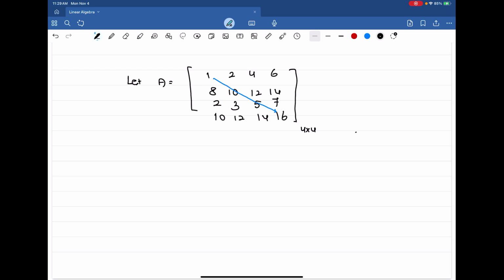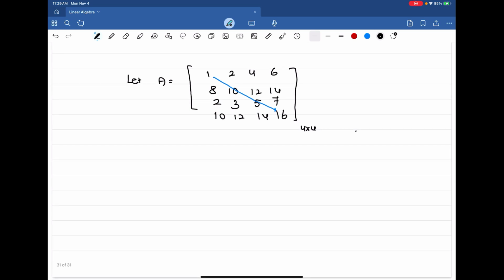Let us start with R1. We'll take R1 and we'll operate R1 on the other rows so that in the first column, except the first element of the first row, all others will be 0. Now let us do.